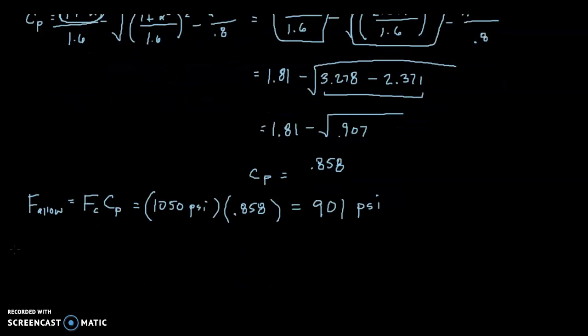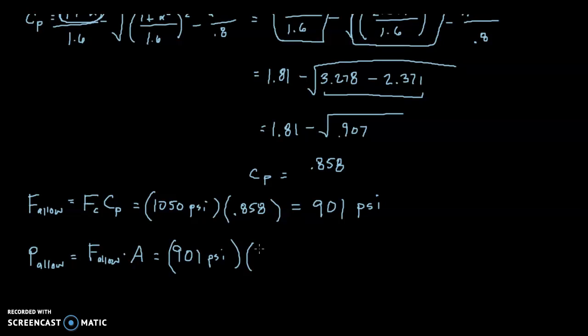Okay, so stress times area will give me the allowable load. So the load allowable is equal to that stress allowable multiplied by A. So I've got 901 psi, and I've got an 8 by 10, but the area of an 8 by 10 is not just 8 times 10 or 80. I would recommend looking it up in the appendix.